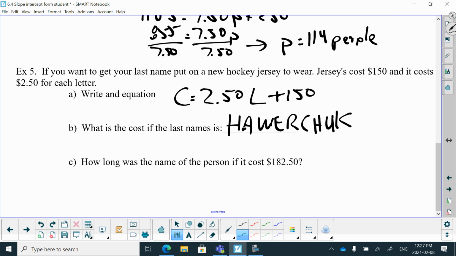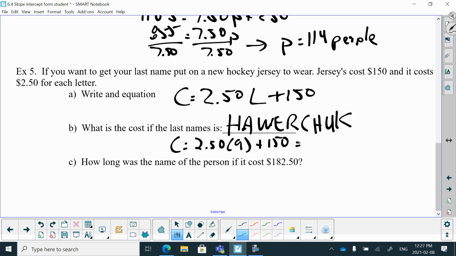What would we have to fill into our formula? What would we fill in for our L? C equals 250 times 9 plus 150.